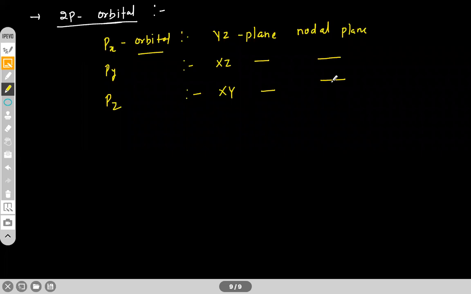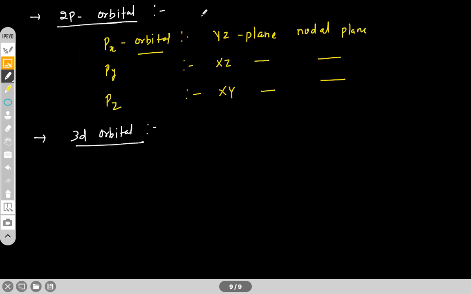That is 2p. Now 3d, this one is important. If you have a 3d subshell, how many orbitals does it have?